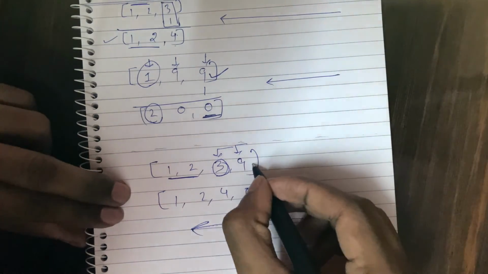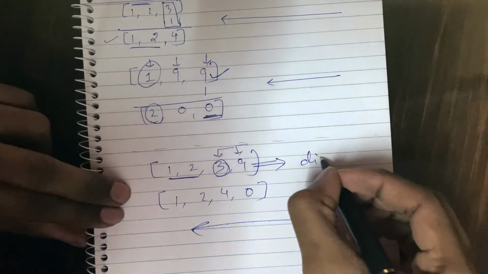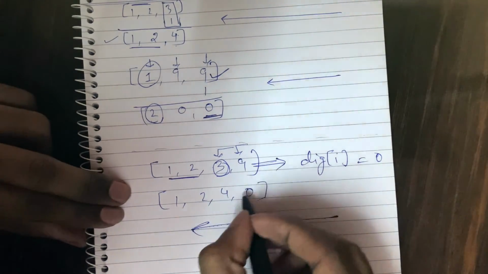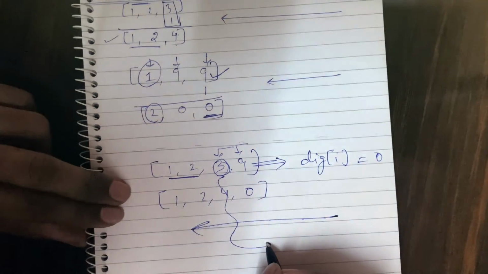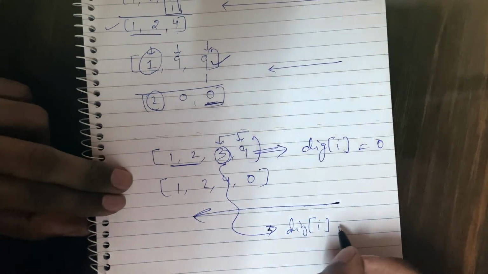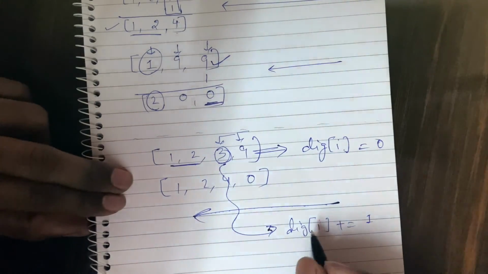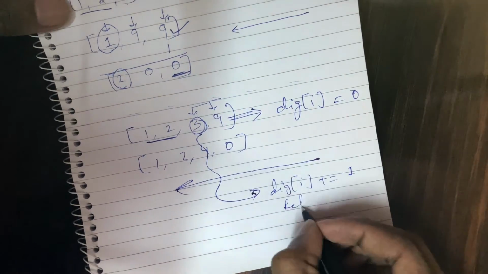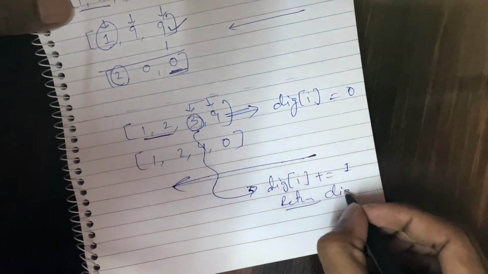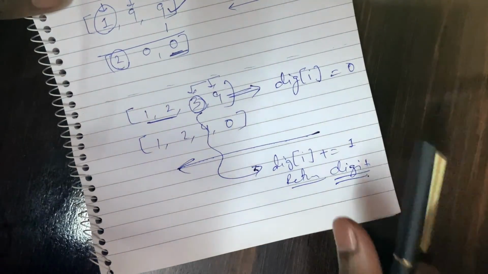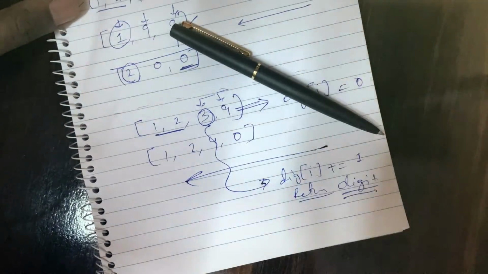If it is 9, then this position will be updated by 0, and if it is not equal to 9, then the digit at that position will be incremented by 1, and then we return digits from the function. So that's it. Now we'll code this logic.